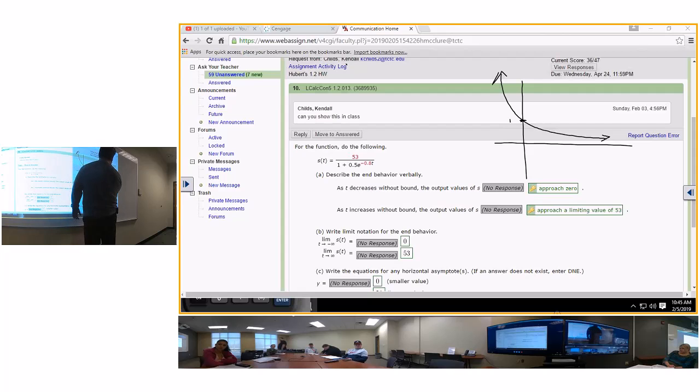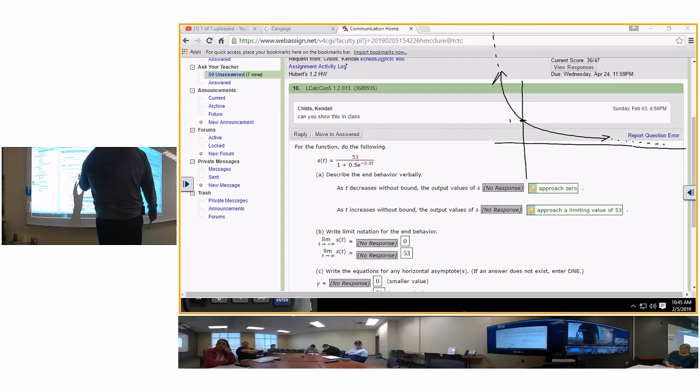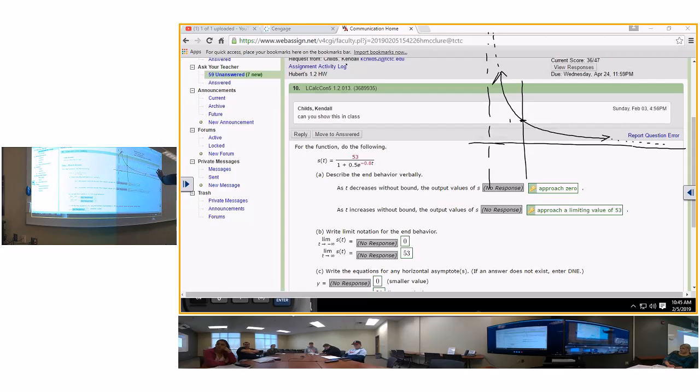And it's converging, meaning that it's never going to touch the x-axis, but it gets closer and closer. It's not going to pass it because you can't take the log of a negative number. This is what it looks like.